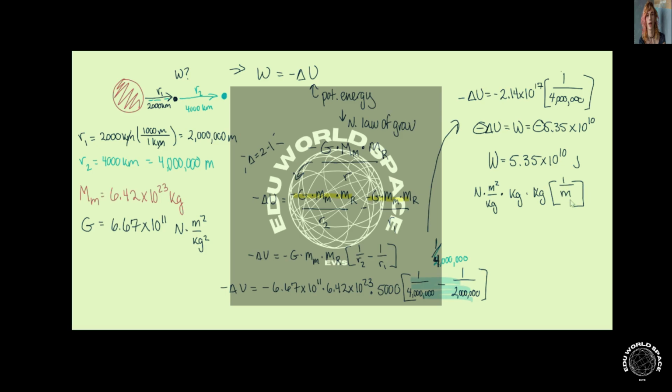So we cross out the meter, and we cancel out these kilograms. This is kilogram squared, so that's going to cancel out. So we have newtons per meter, which is a joule. So our units check out. Therefore, we get our answer.